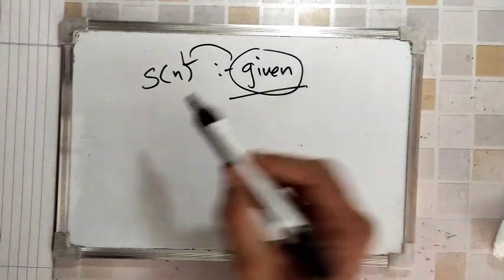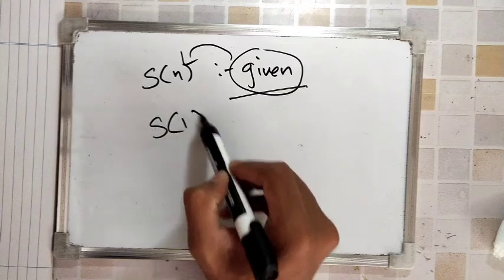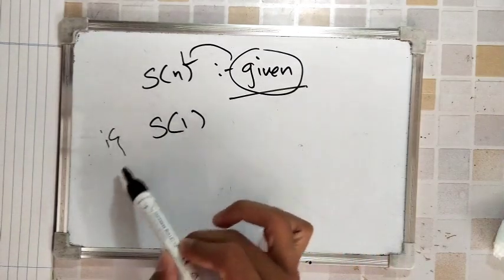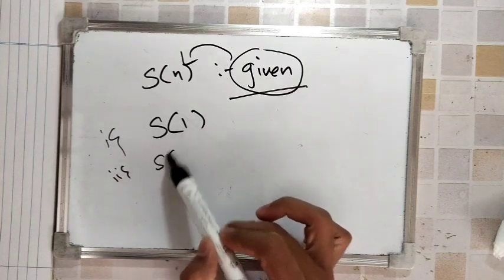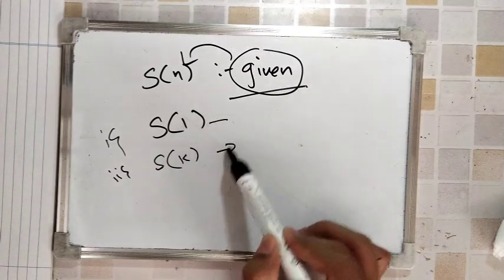First, we take the given S of n, then we find S of 1. If it is true, then we go for the first step, and then for the second step, that is S of k, the induction step. This is the basic step and this is the induction step.